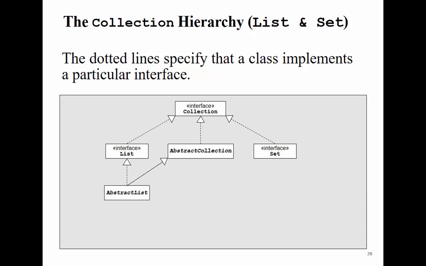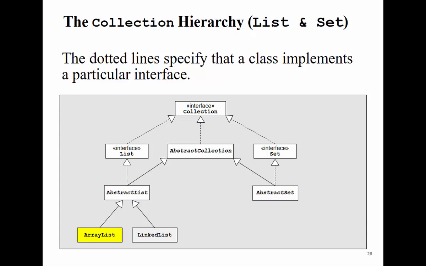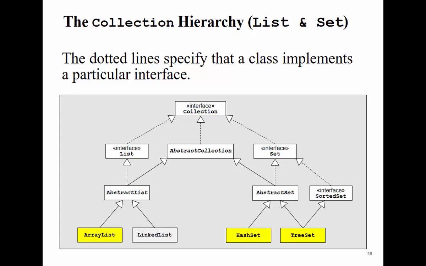Under the list, we have an abstract list, and then we reach ArrayList or LinkedList. So these are the classes, and these classes implement the list interface. ArrayList implements the list interface, and the list interface actually extends the collection interface. For the set, we have an abstract class called abstract set. We cannot create an object from this class, but we have HashSet and TreeSet. This is the hierarchy for the collections.